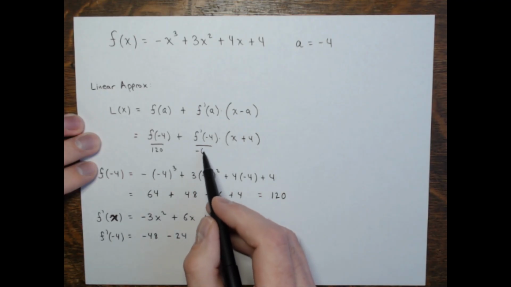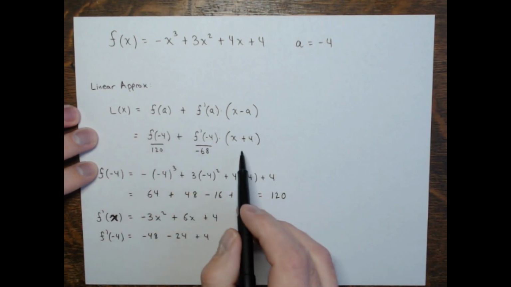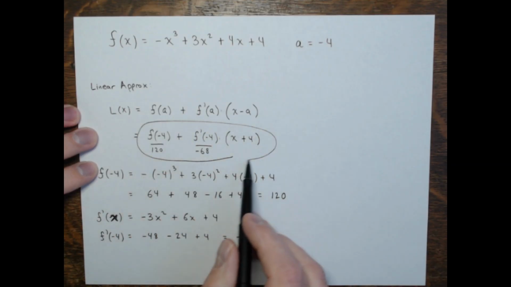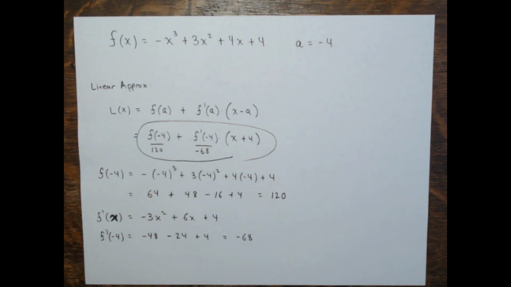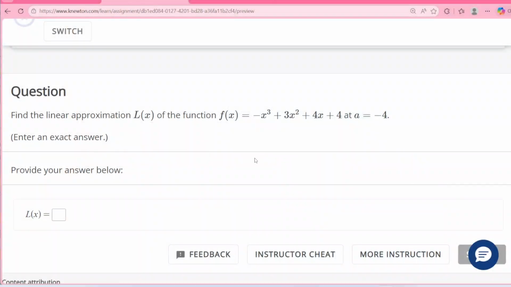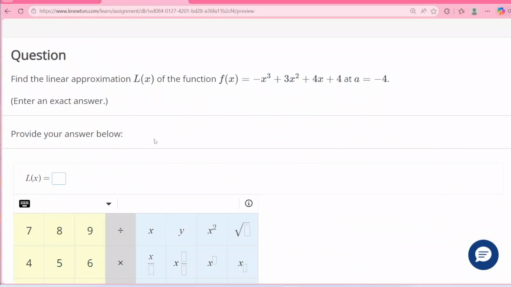All right, so that's going here for the slope. So I'm just going to enter this with the 120, then minus 68 times the quantity x plus 4. And if you want to distribute and put it in slope-intercept form, mx plus b, you can, but they are not asking for that.